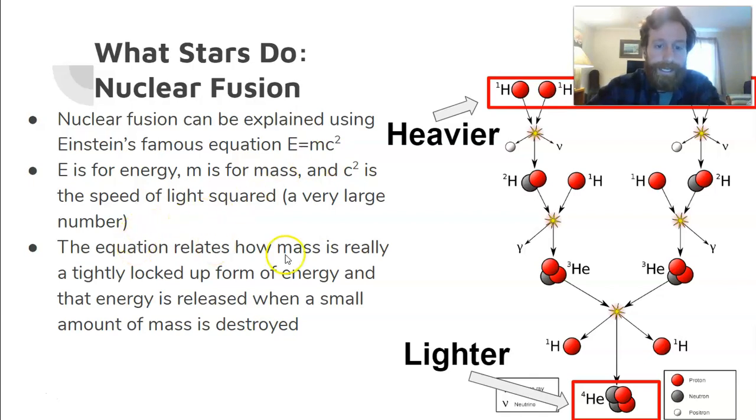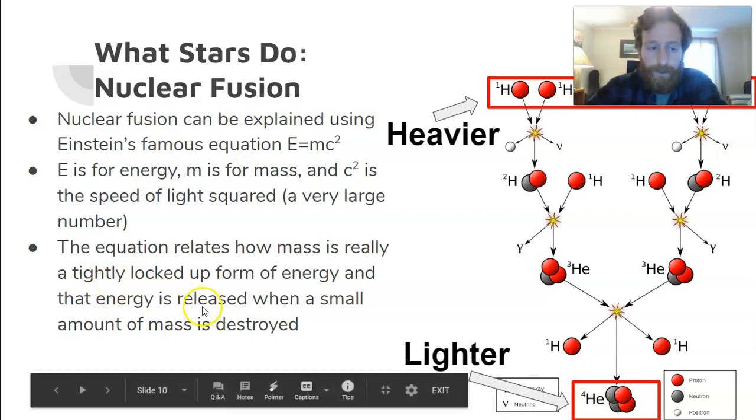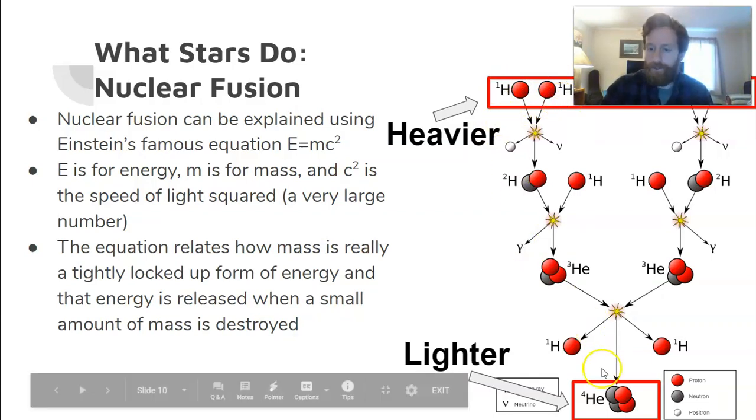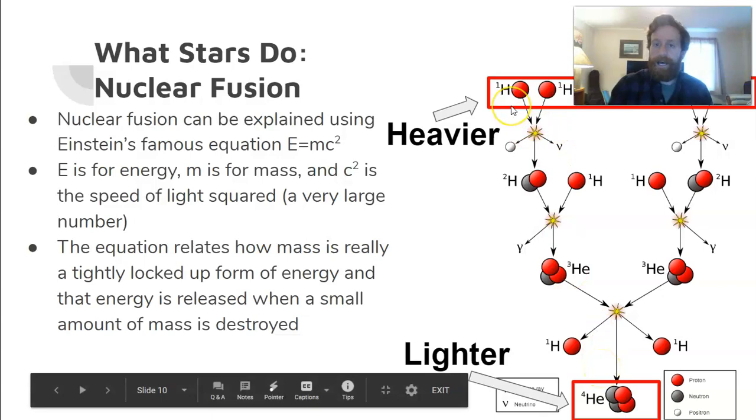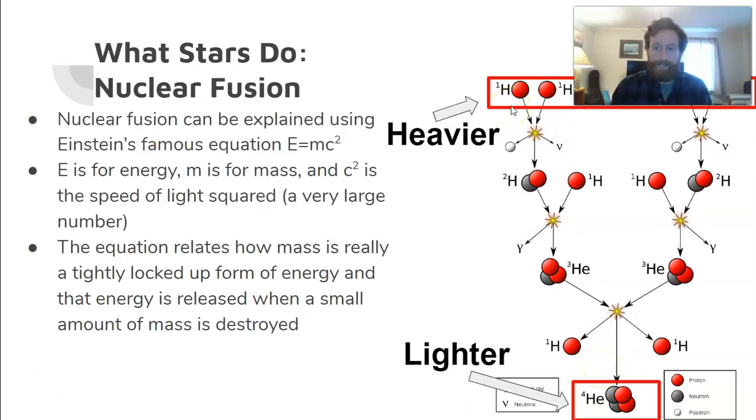The equation relates how mass is really a tightly locked up form of energy, and that energy is released when a small amount of mass is destroyed. And so what we mean by this is these 4 hydrogen atoms in the beginning of this nuclear fusion pathway, if you were to add them all up, would weigh more than this one helium atom produced at the end.